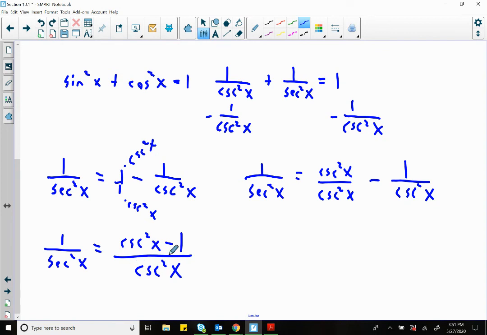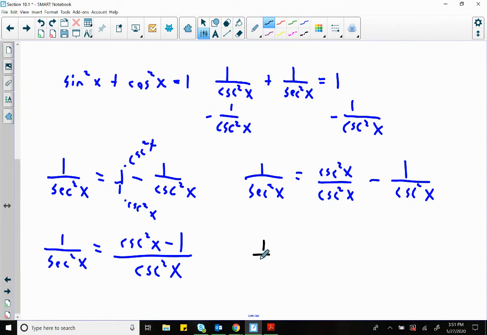See how we've still got nothing but cosecants over here? Don't change this. We have to leave this, okay? Now, here's a cool fact. Did you know that if these two fractions are equal to each other, then, let me give you kind of the same idea.